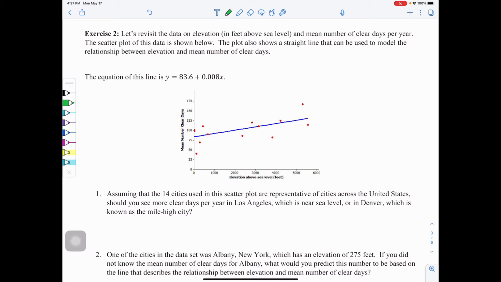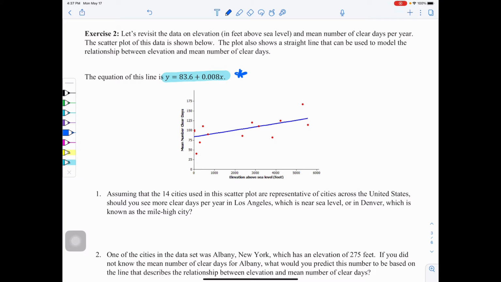So a very important piece of information has been given to us just underneath that. It says the equation of this line, which is the line of best fit, is y equals 83.6 plus 0.008x.